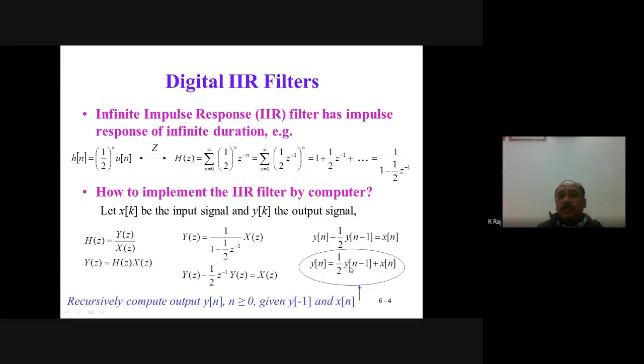The nature of this is that whatever is the output will again be fed back into the input. It has a recursive nature, so we have to compute the output recursively.